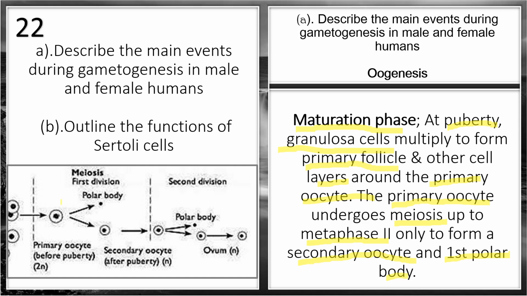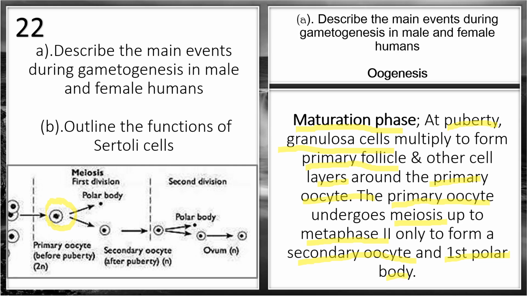So remember, we had our primary oocyte. Now this primary oocyte was surrounded by other oogonia which did not turn into the primary oocyte, to form what we called the primary follicle.